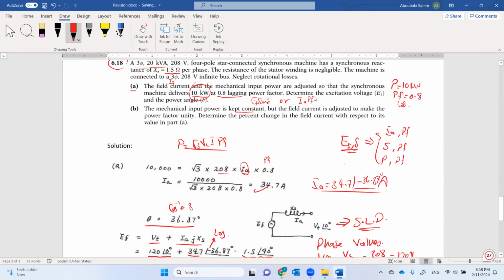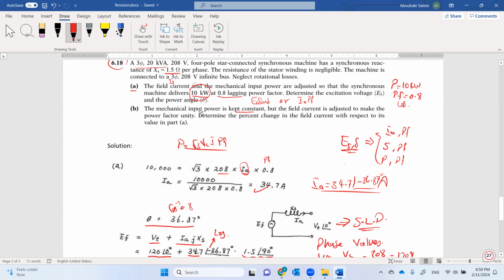So you can say EF1 sine delta 1 equals EF2 sine delta 2, or IA1 power factor 1 equals IA2 power factor 2. And 1 and 2 are the two operating conditions, like what we have here. Part A is an operating condition and part B is another operating condition.